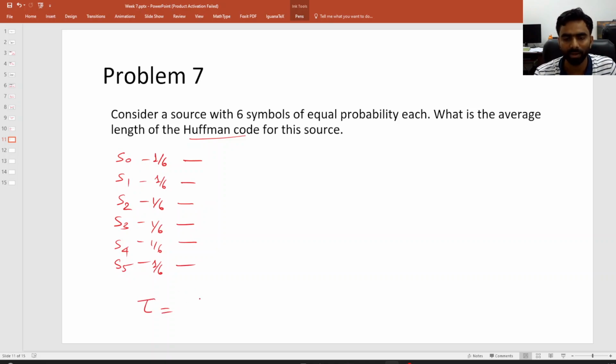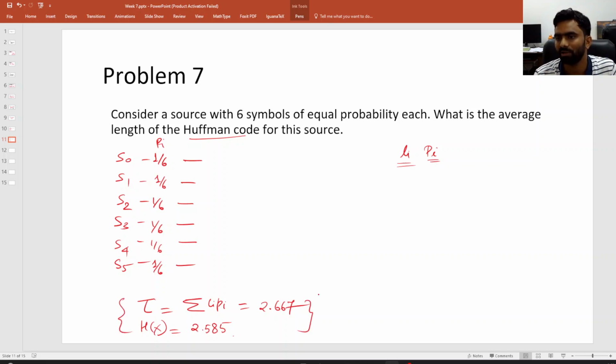I'm just writing the L bar, that is sigma L_i P_i. Your work is to find the L_i; P_i I have already given. You have to find the sum of L_i P_i and find the L bar. I'm just writing the answer to verify. And H(X) is also given, H(X) would be 2.58.